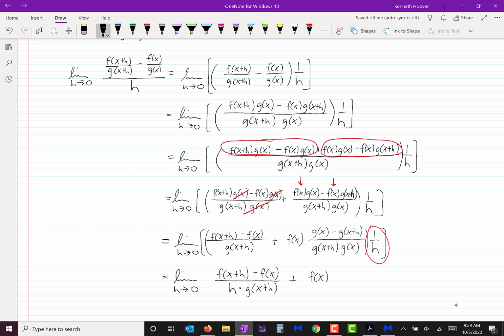and now what I would like to do here, let me just copy down what I have. So look at the top. Oh, and now there's an h under there too. So look at the top. See how it's g of x minus g of x plus h?